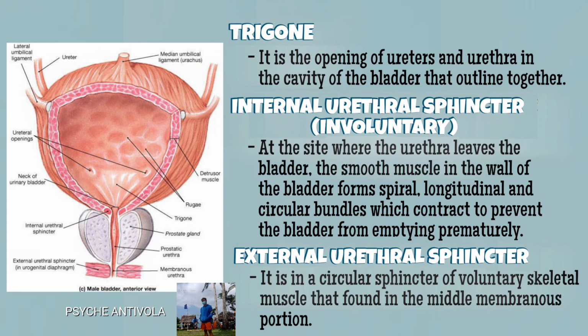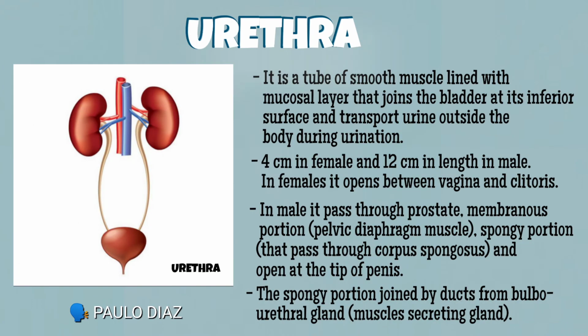At the site where the urethra leaves the bladder, the smooth muscle in the wall of the bladder forms spiral, longitudinal, and circular bundles which contract to prevent the bladder from emptying prematurely. External urethral sphincter. It is a circular sphincter of voluntary skeletal muscle that is found in the middle membranous portion.